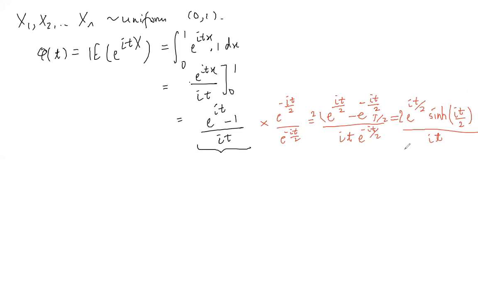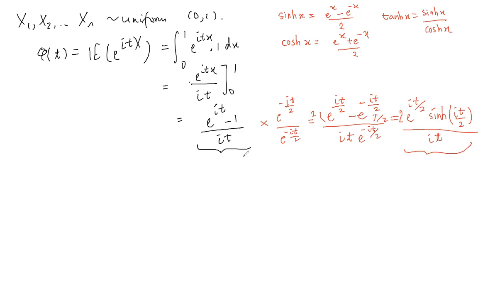So you can get a different representation involving hyperbolic functions. Just to refresh you, the hyperbolic sine is defined as the difference between two exponential functions, the hyperbolic cosine is the sum, and of course the hyperbolic tangent is just the ratio of the two hyperbolic functions.